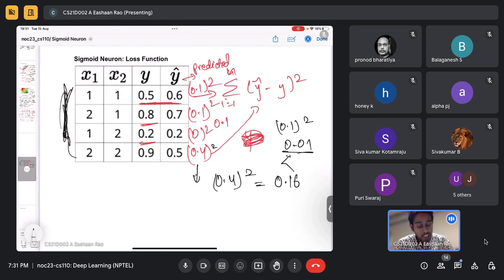So intuitively, the more the difference between my actual and predicted value, the loss function will give me a higher loss value. But if the difference between the actual and predicted is very small, the loss function will give me a very small value.